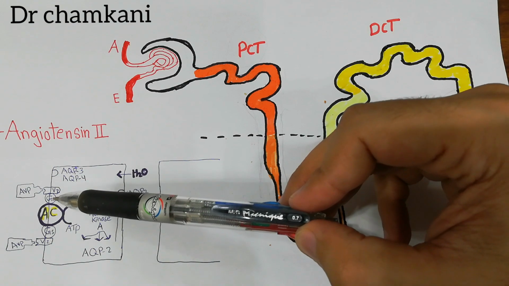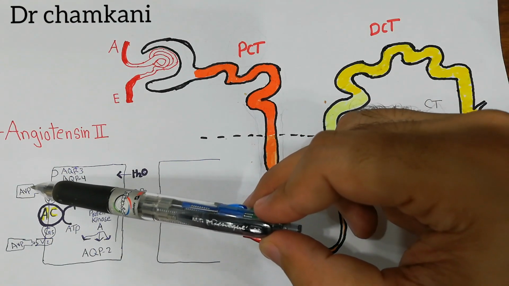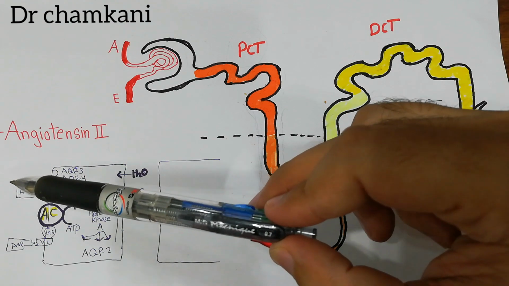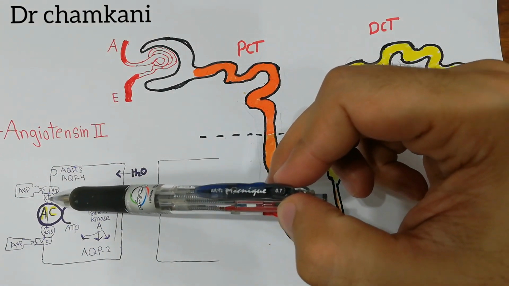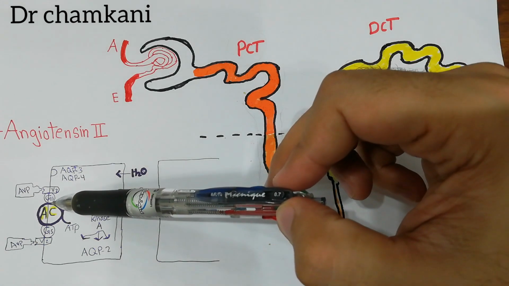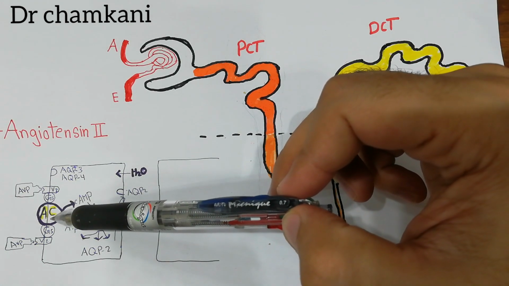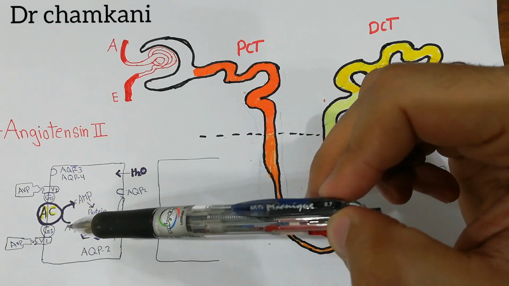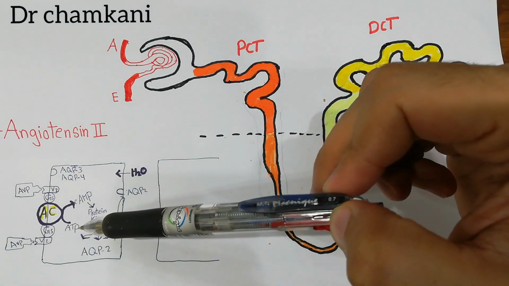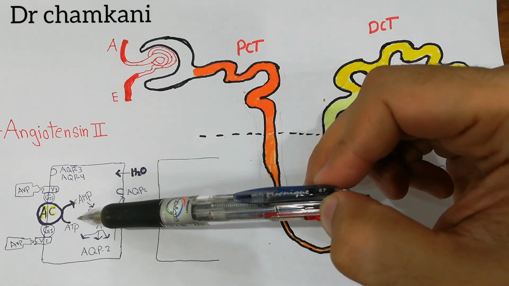When ADH binds to the V2 receptor, it activates the stimulatory G protein, which in turn activates adenylate cyclase, and adenylate cyclase converts ATP into cyclic AMP.